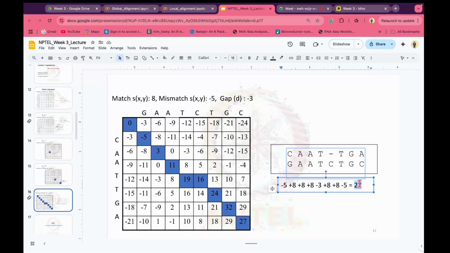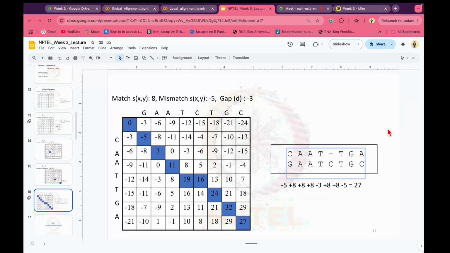What if I give you a third sequence and you need to make three pairs: sequence 1 and sequence 2, sequence 2 and sequence 3, and sequence 1 and sequence 3. If I ask which are the two closest sequences, whichever pair has the higher alignment score is the closest. So that is the multiple sequence alignment concept. Okay, thank you.